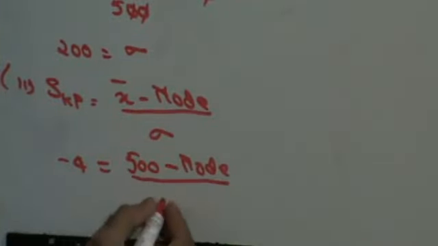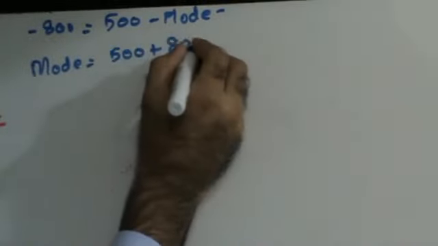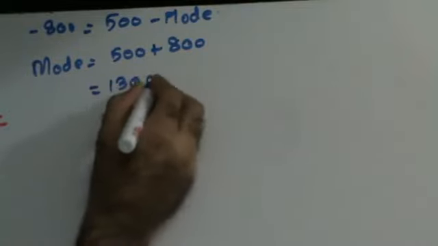Standard deviation is given to you as 200, right? So in that case you will get minus 800 is equal to 500 minus mode. So mode is 500 plus 800. So mode is going to be equal to 1300.